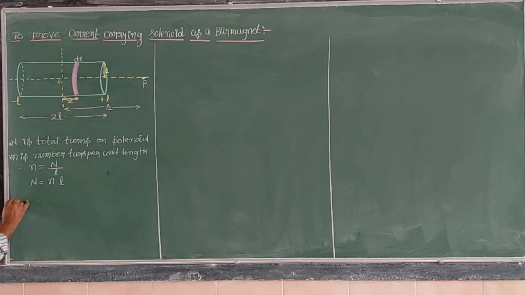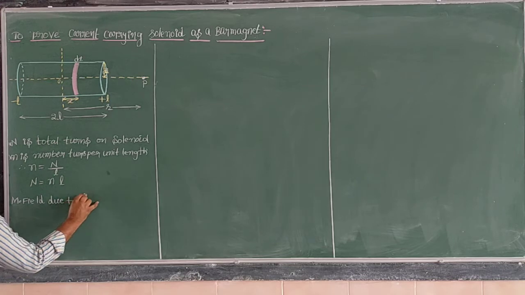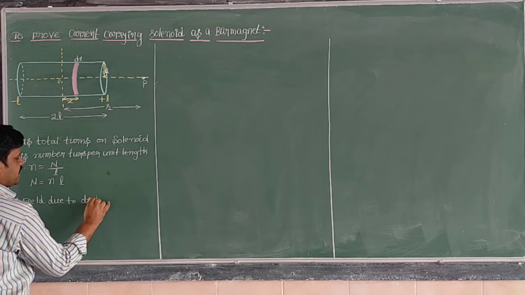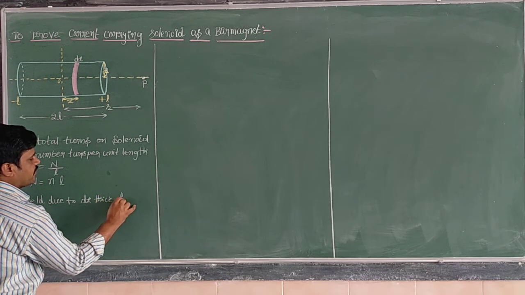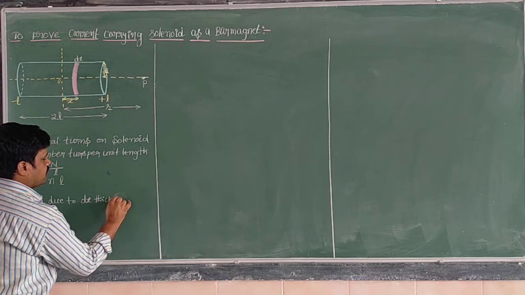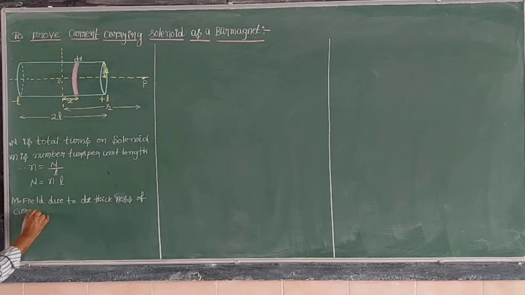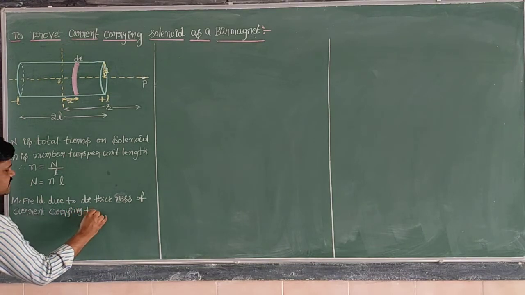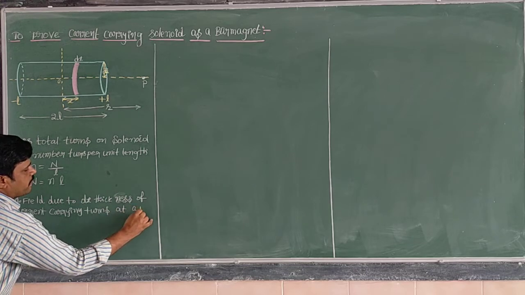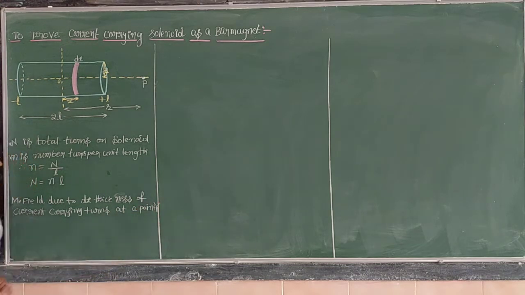Just to see the magnetic field due to dx thickness, or width, of the current carrying turns at a point P. Due to dx width, some small number, n dx turns, will be there.